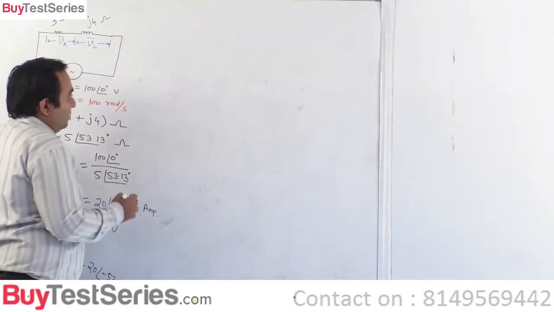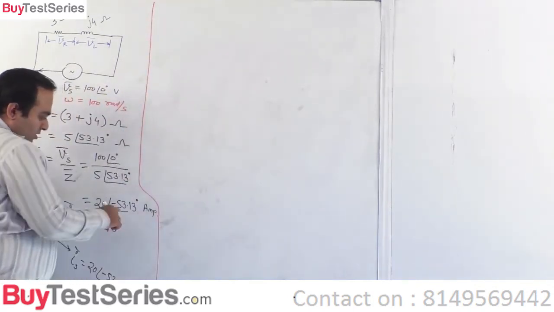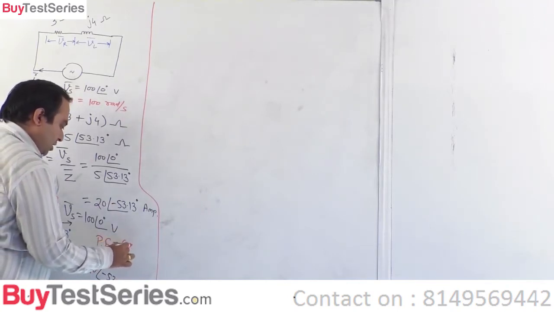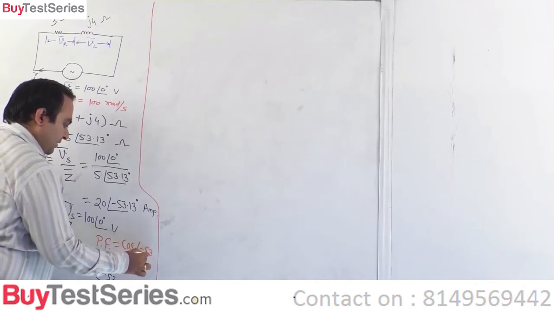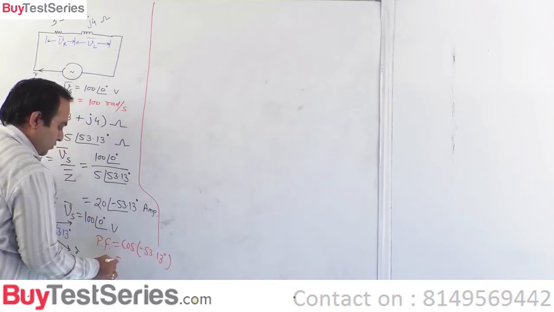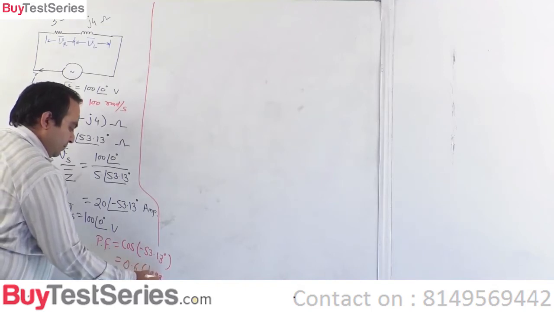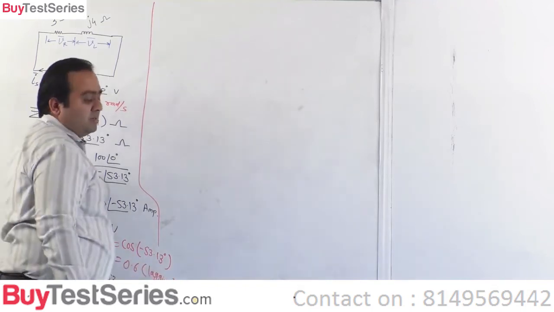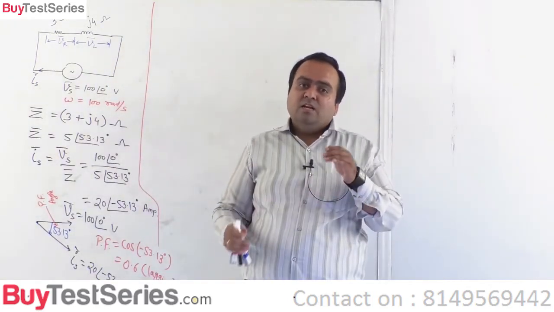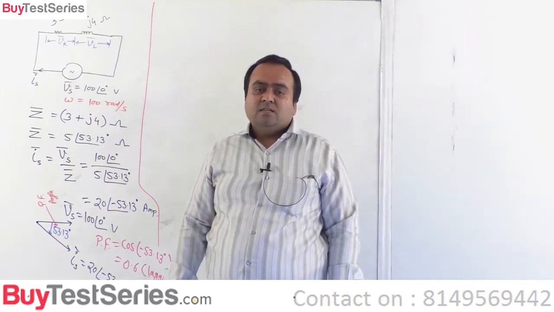So the power factor is cos of minus 53.13 degrees, and it comes out to be 0.6 lagging. The supply power factor for an RL circuit has to be lagging because the supply current will lag the supply voltage by some angle.